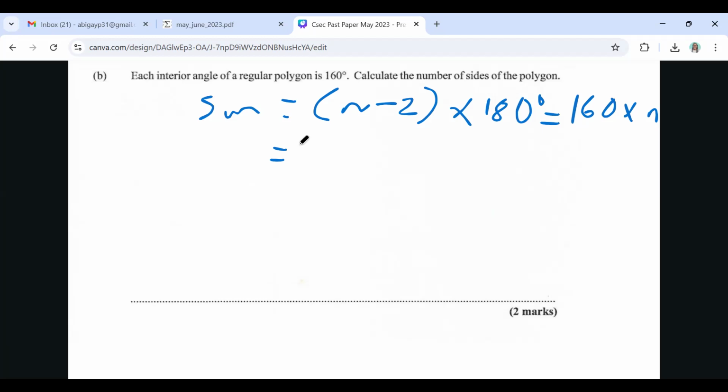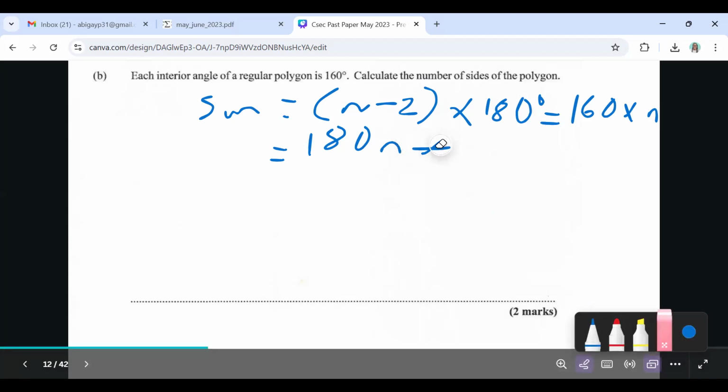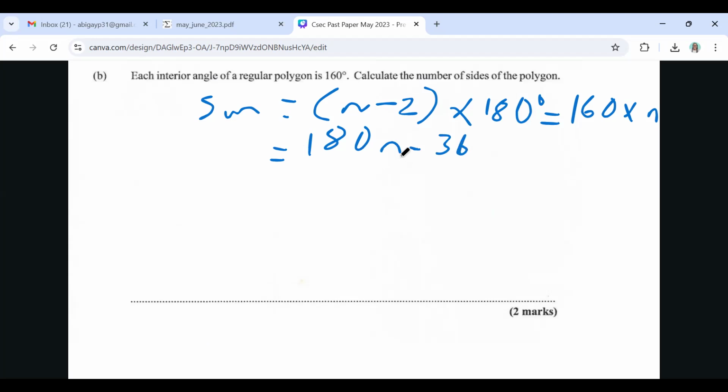So we're going to say 180n subtract 360, because all polygon exterior angles must equal 360 degrees, equals 160n.